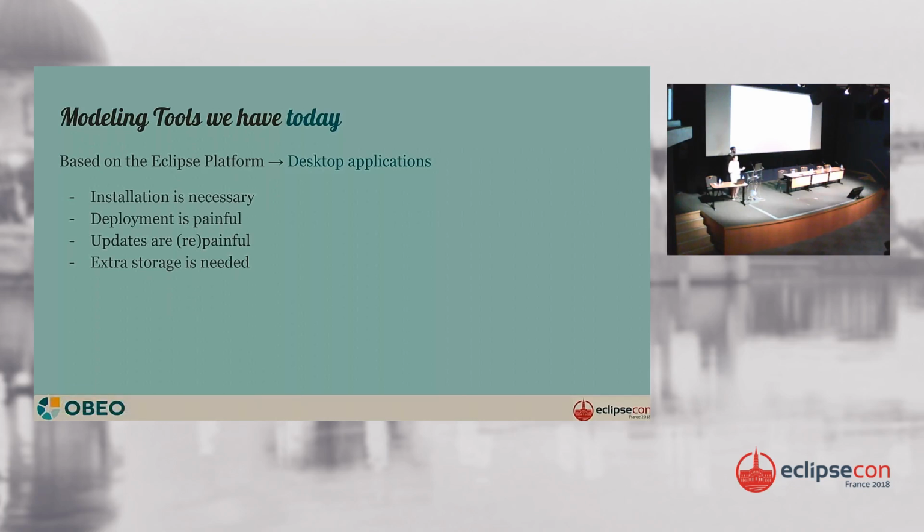So, as a desktop application, you have software that must be installed on your computer. This means that the deployment of your graphical modeler can be painful, and it would be the same for all the future updates. And this is especially true in large deployments where teams must collaborate and thus all versions must be in sync. And we face these deployment issues more and more with the expansion of the Obeo Designer Team Edition.